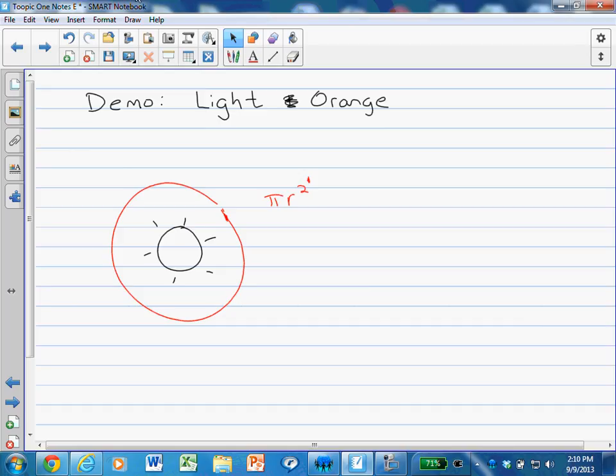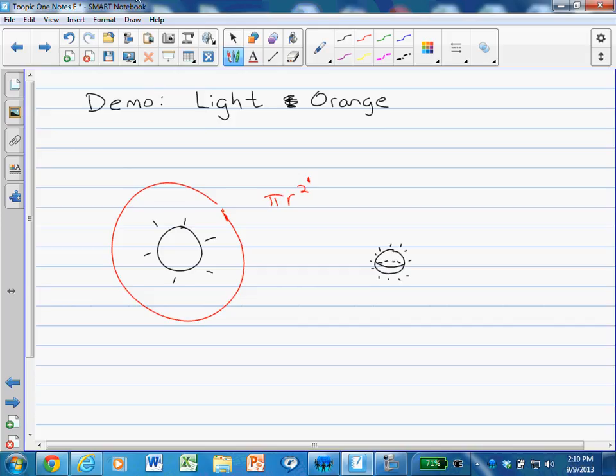What is it? So we need the surface area of a sphere, don't we? So we have a light bulb. Our light bulb really looks like something like this. It's sort of circular. That's our light source going out in all directions, like that.